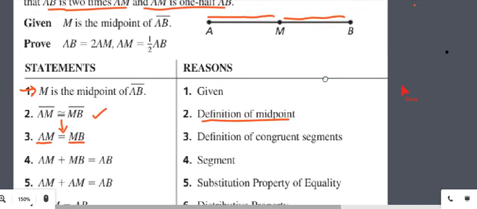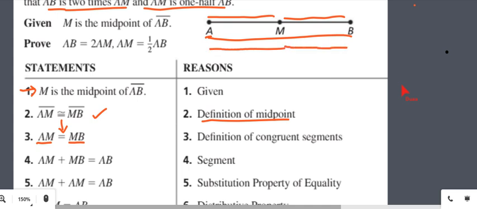Now look at the total distance from A to B. The total distance from A to B is the sum of two distances, A to M and M to B, right? So this is the property of the segment I applied here, and I wrote AB as a sum of AM plus MB. Got it?